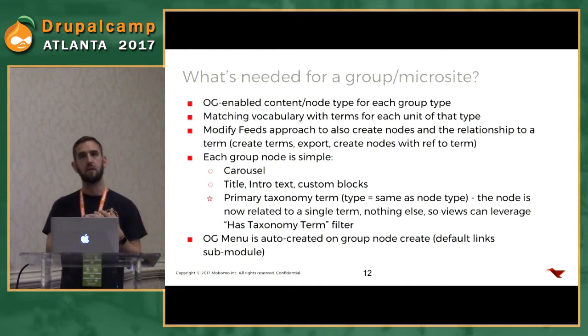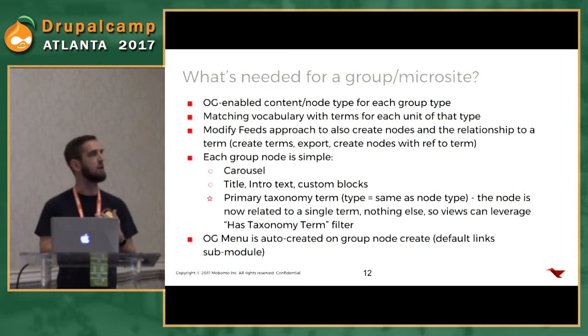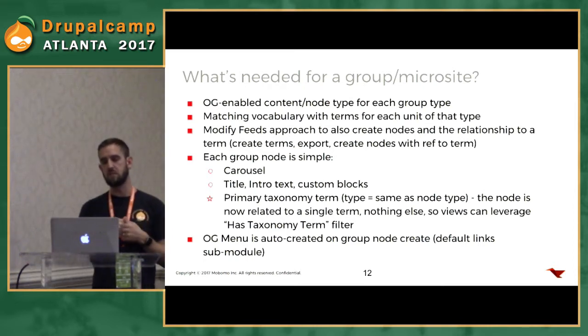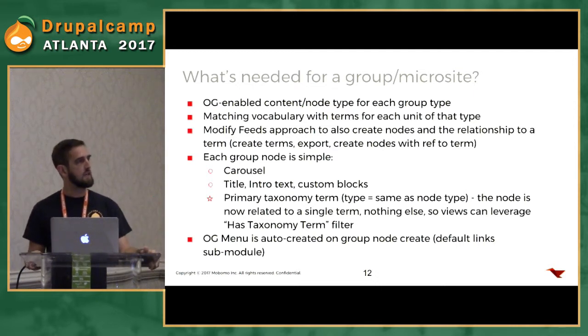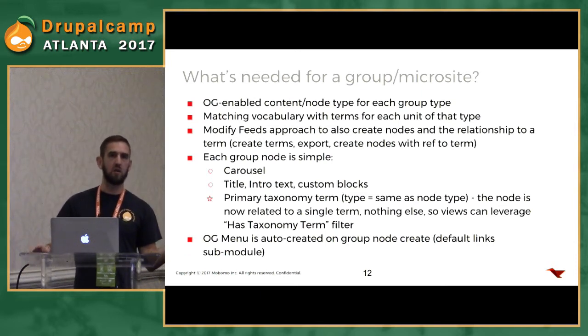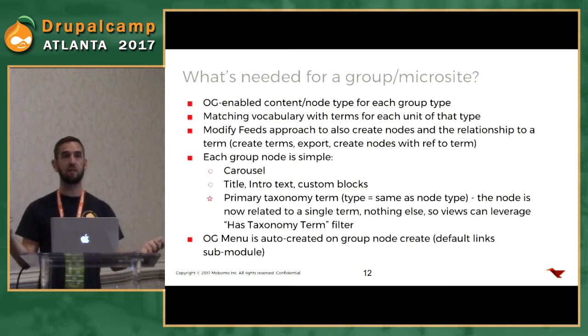They can put in an image and a title and whatever else. And then they've got an intro, title, custom blocks, which is a neat little thing. But the main thing is that there is a primary term on the node, which is the term that anyone else can use to tag content. Is that confusing enough yet?